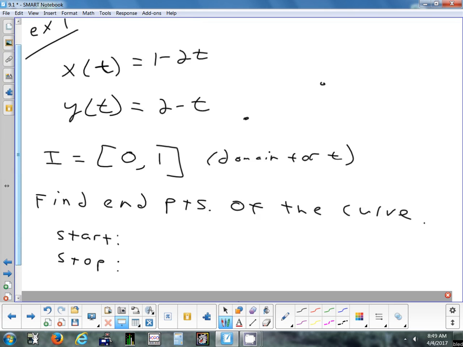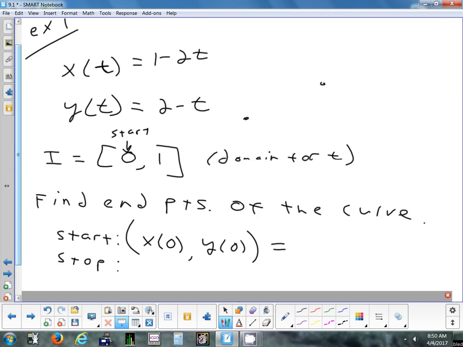Okay, which number up here is going to be the number you plug in to figure out where your curve starts? 0. 0. That's your start. So what we're going to have to do is we'll plug 0 into the x formula, and then we'll plug 0 into the y formula.